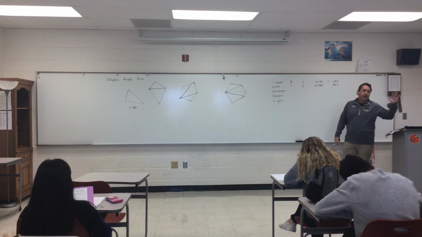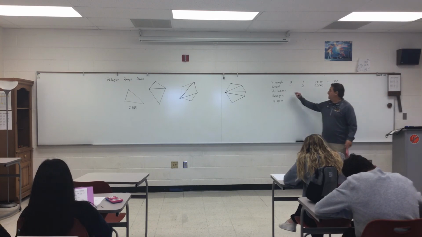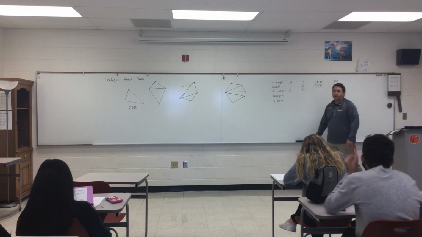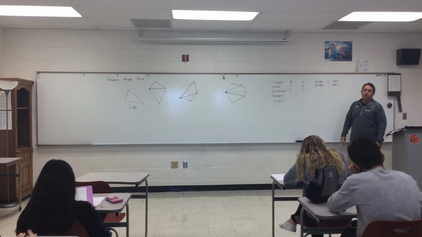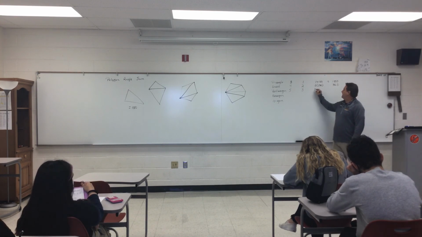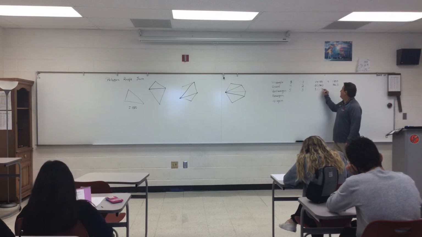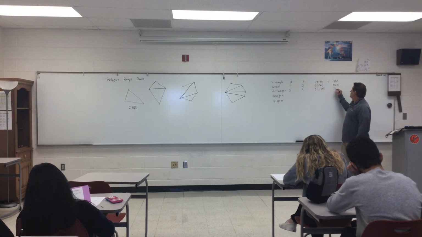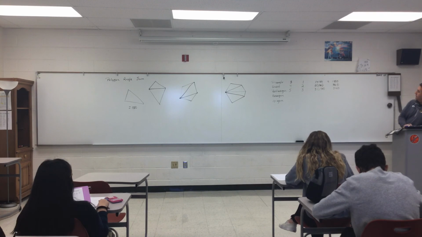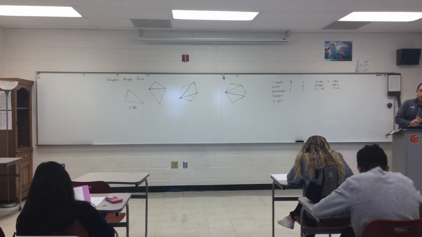I should have said this first. In the pentagon, there's 5 sides, right? I'm going to write that down first. Now we said there was 3 triangles, correct? So this time to figure out what the pentagon angles would add up to, if I take 3 times 180, it's 540. Okay, this would be 540 degrees.